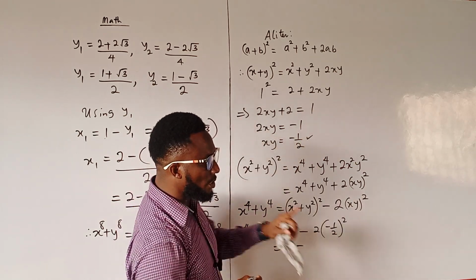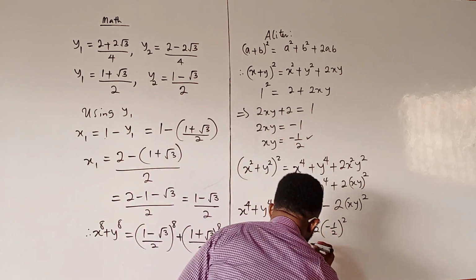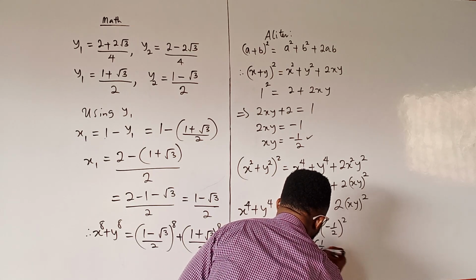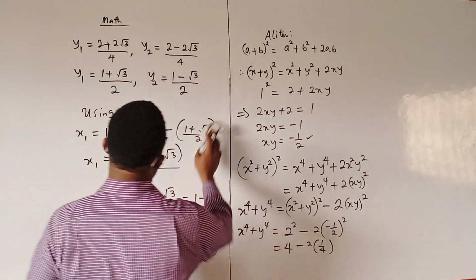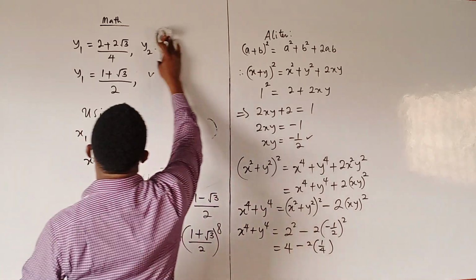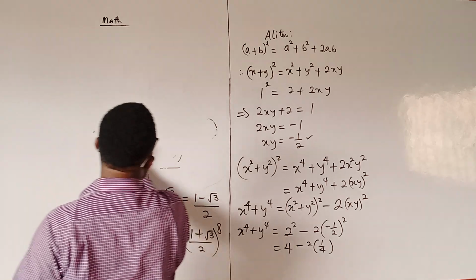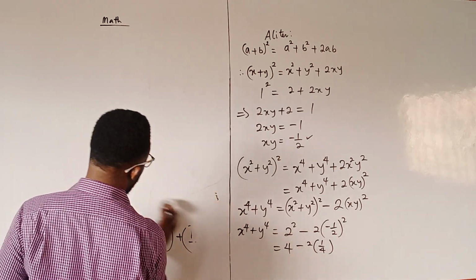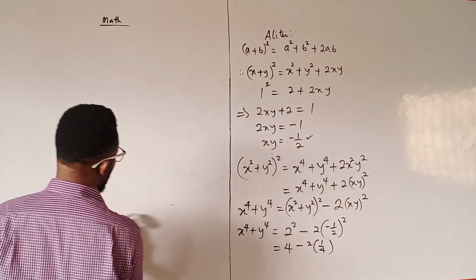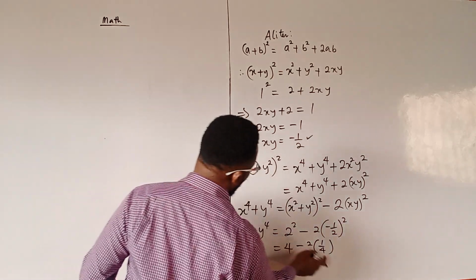Negative half squared is 1 upon 4. 2 into 1 upon 4. 2 can divide 4 to give 2.